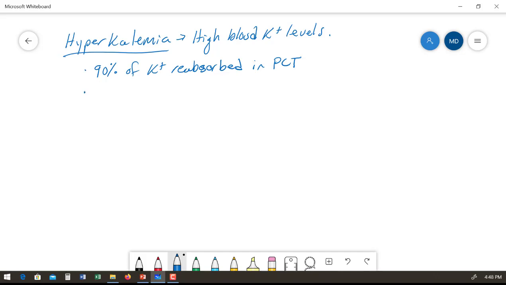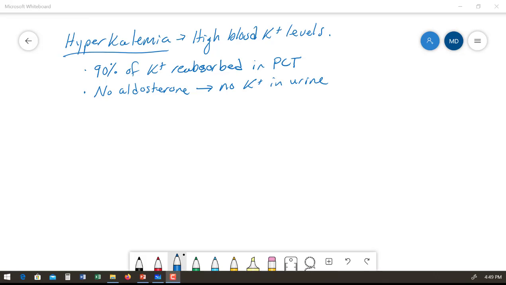If you have no aldosterone, so if there's no aldosterone being secreted, this will lead to no potassium in the urine, because as you make your way through the loop of Henle, and the last part of the loop of Henle in particular, you're actually reabsorbing the last 10% of potassium. So you'll have almost no potassium in your urine if you're not making aldosterone. It's actually a way that you can check for aldosterone production.